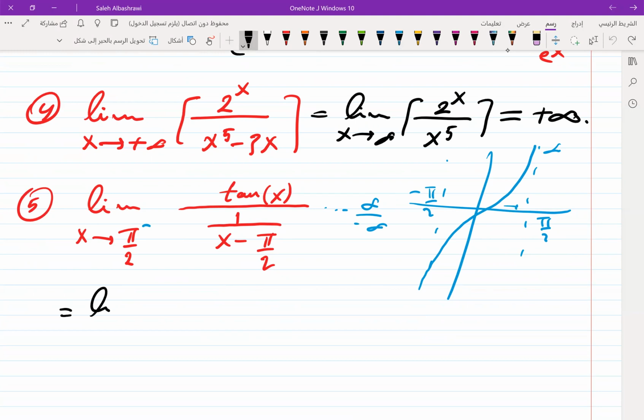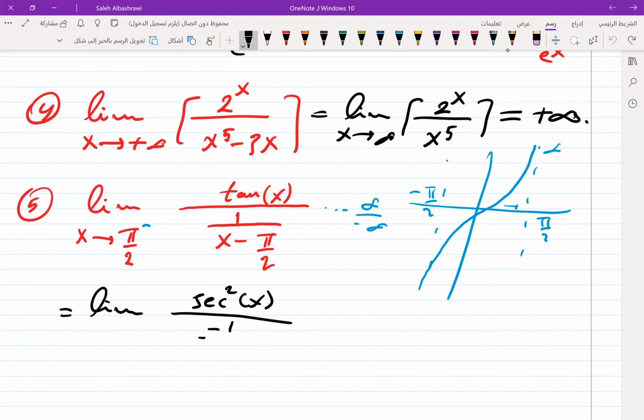It is equal to the limit of the derivative of tangent x, which is secant square, divided by the derivative of 1 over x minus pi over 2. We can apply the quotient rule.